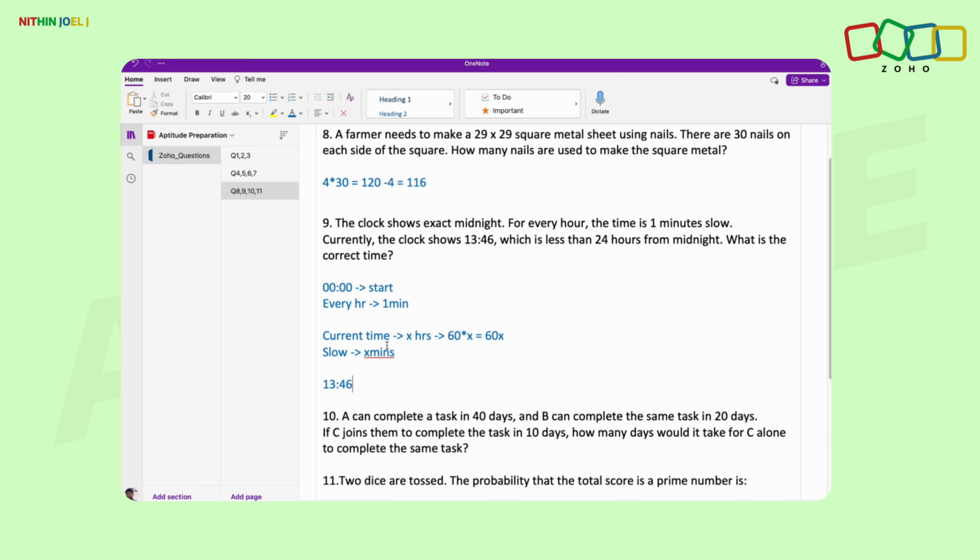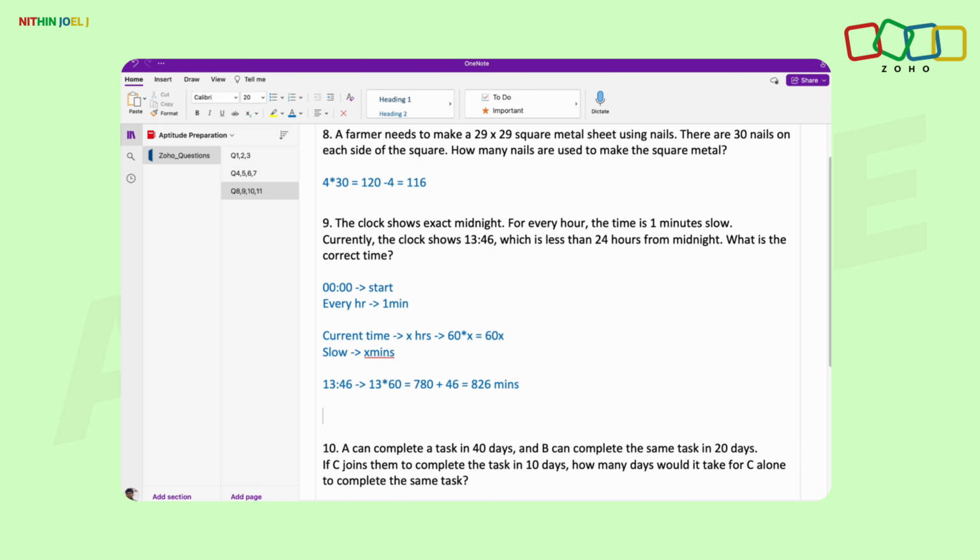We can convert this into minutes: 13 into 60, which is equal to 780, plus 46, which gives 826 minutes. So our current time is 826 minutes from the start, which is midnight. Now we have all the data with us.